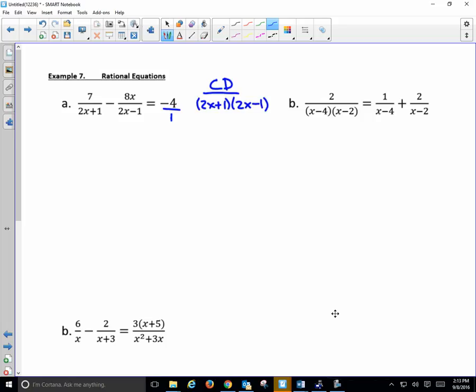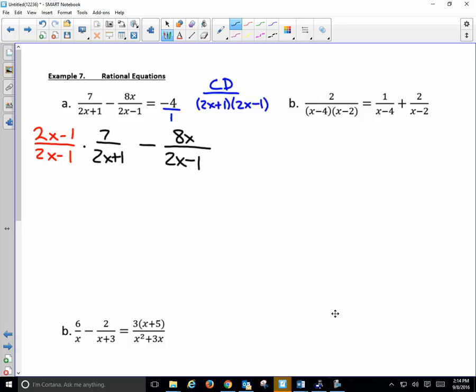So watch what I'll do. Again, I'm going to take my time on this first one to make sure everybody sees it. And I'm going to multiply that by the 7 over 2x plus 1. We're okay with the first step? Minus 8x over 2x minus 1. What would I have to multiply the top and bottom of this by?